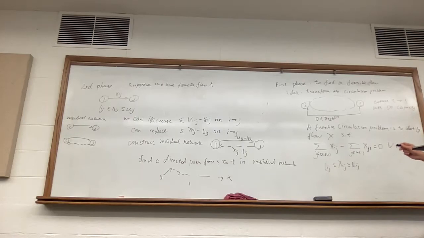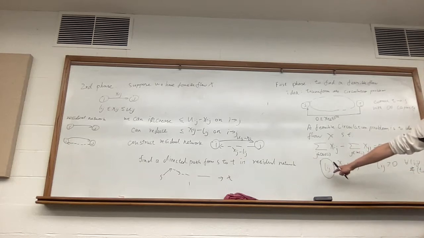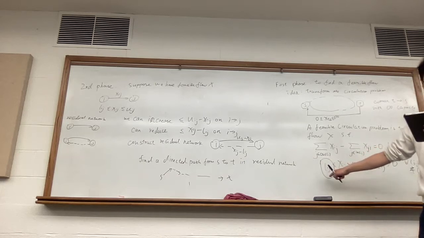Where is our trouble now? What makes our problem solving become harder? Our problem now comes from the lower bound, because we know that the lower bound Lij is greater than 0 for i, j that is not from T to S. This brings trouble to us, and we need to eliminate the trouble brought by this lower bound.